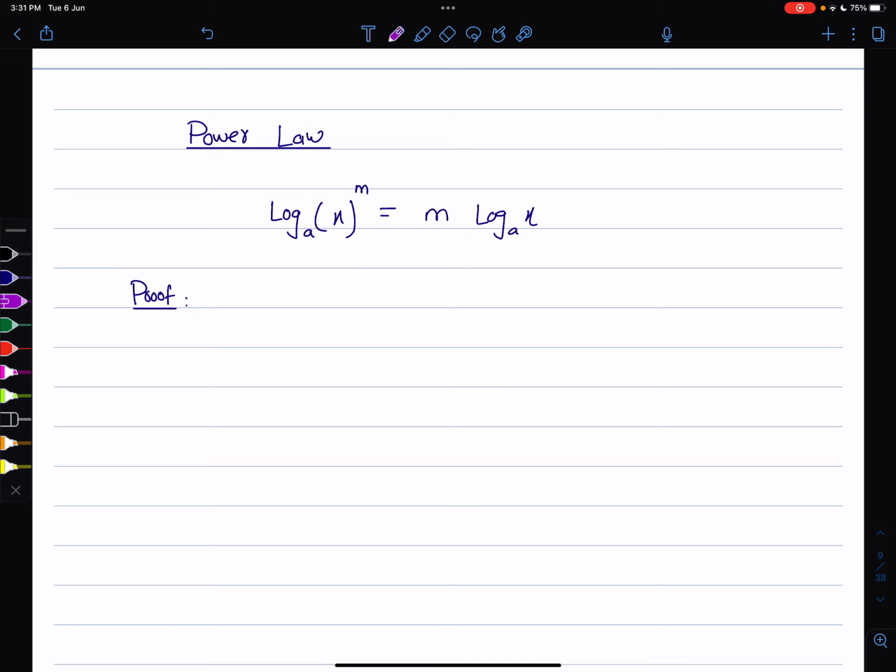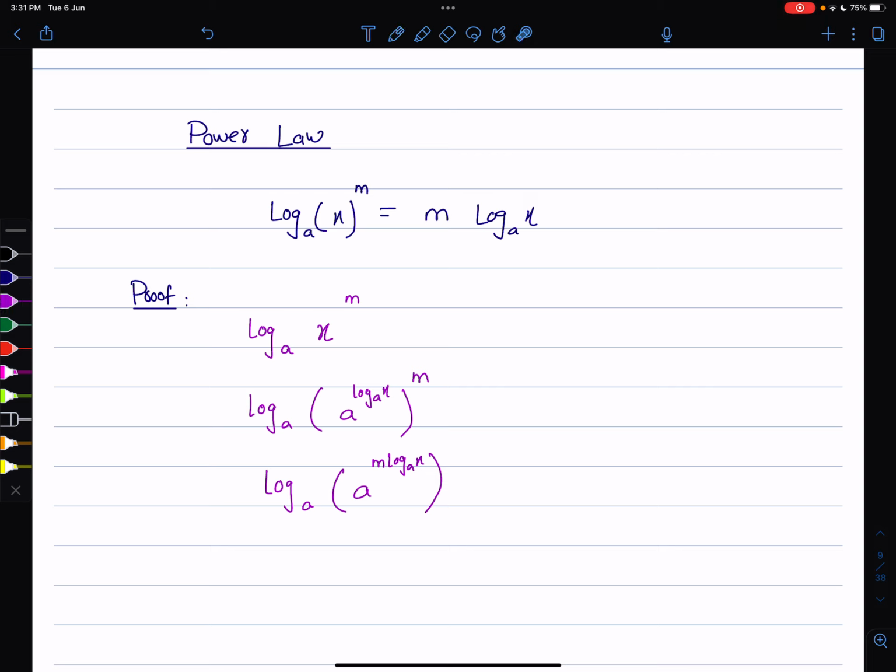Let's consider the proof. To start off with, I'm going to write log to the base a of x to the power of m. Now x can be expressed as a to the power of log a of x, and this is raised to the power of m. The powers can be multiplied together, so log to the base a of a to the power of m log to the base a of x.